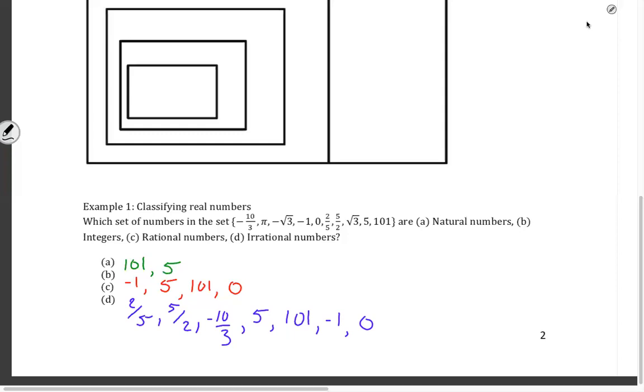Pi, negative square root of 3, and square root of 3. Easy enough? It's pretty easy. Sorry that it doesn't line up with A, B, C, and D. I'm just trying to write big enough so you guys can see.